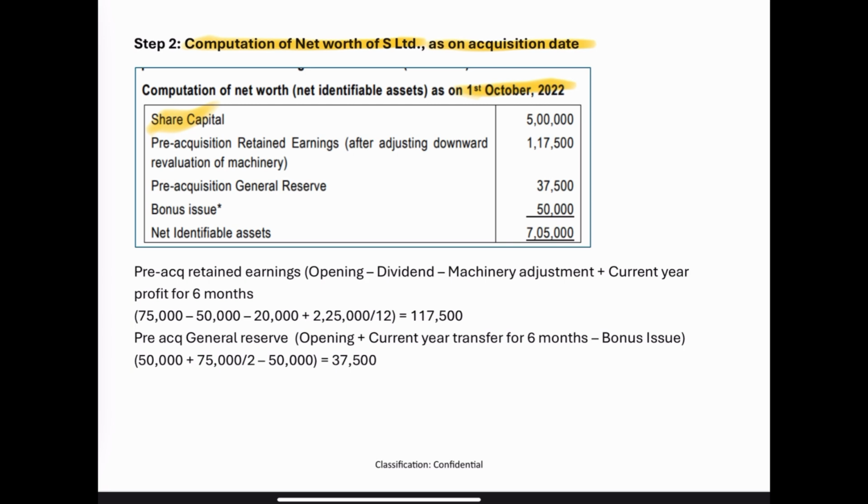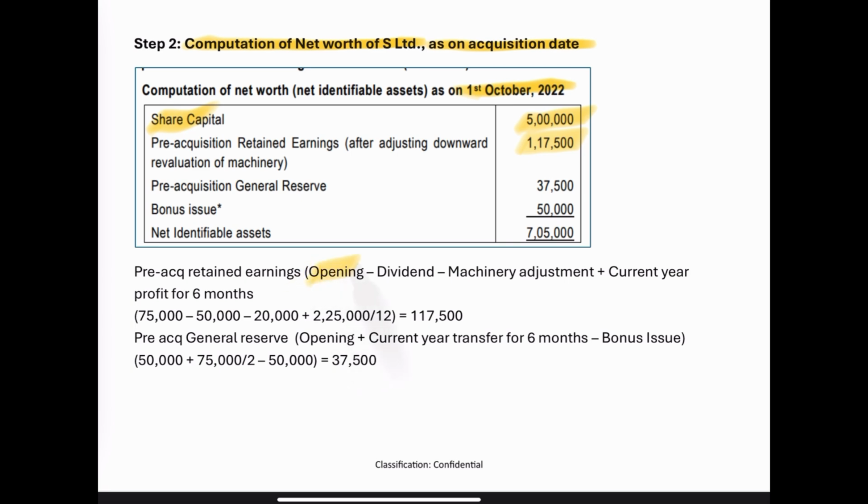In this case, the capital as of 1st October 2022, that is after acquisition, stood at 5 lakh rupees. Then we'll have to see what the retained earnings are as of 1st October 2022. The retained earnings as of 1st October 2022 would be 117,500. So how have these 117,500 been arrived at?